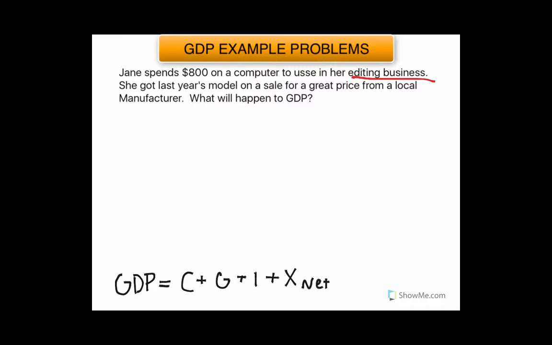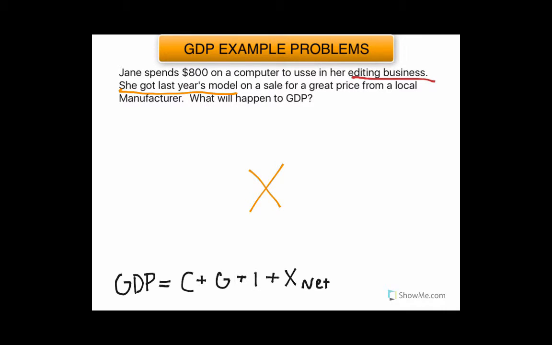However, there's another really important factor in this question that we have to pay attention to. She got last year's model, and GDP is the final goods and services produced in this country in this year. And so this, because it was last year's model, would not be included in GDP at all.